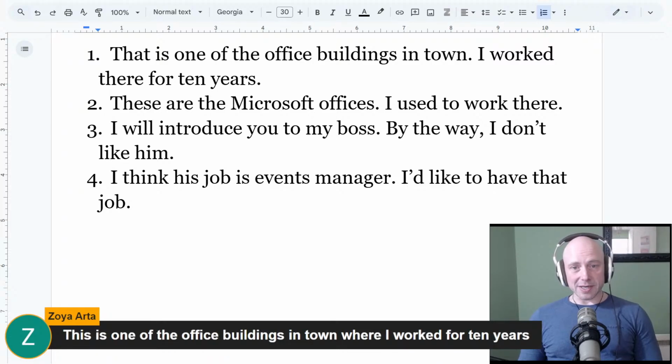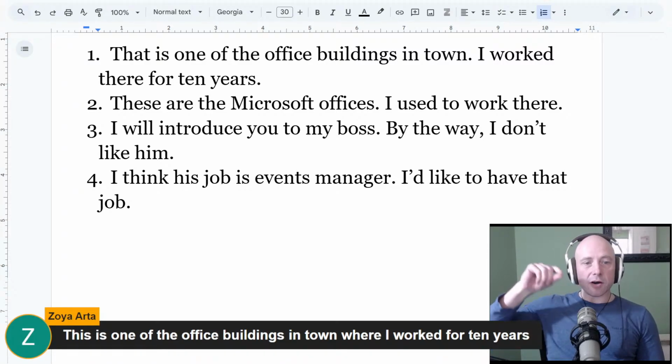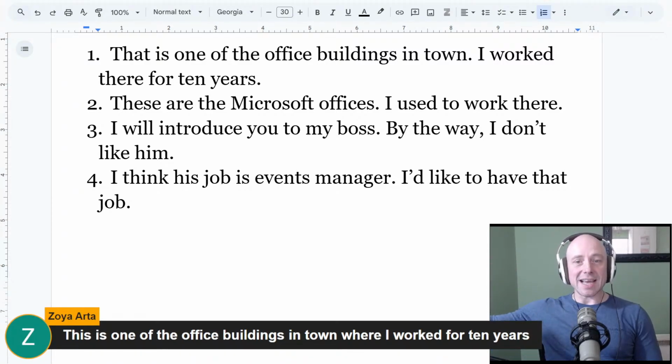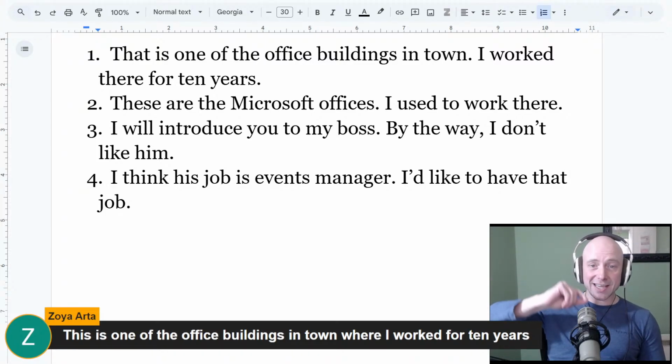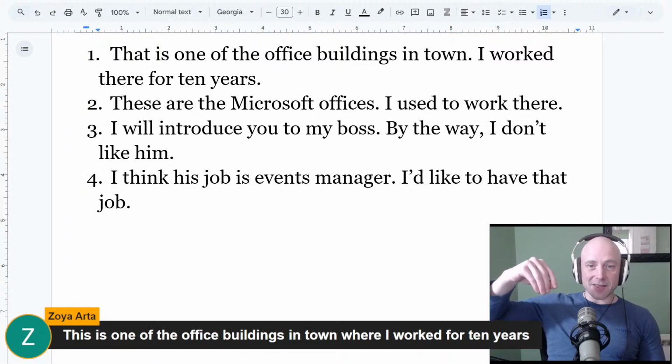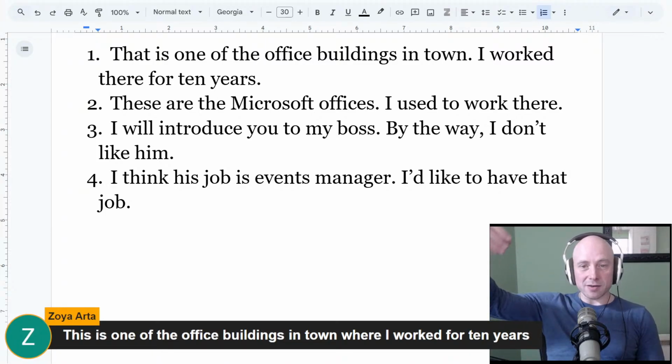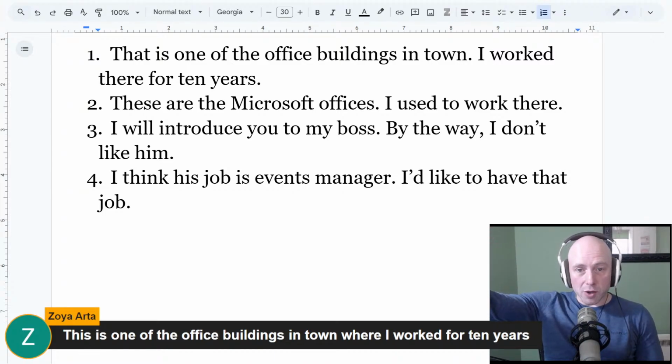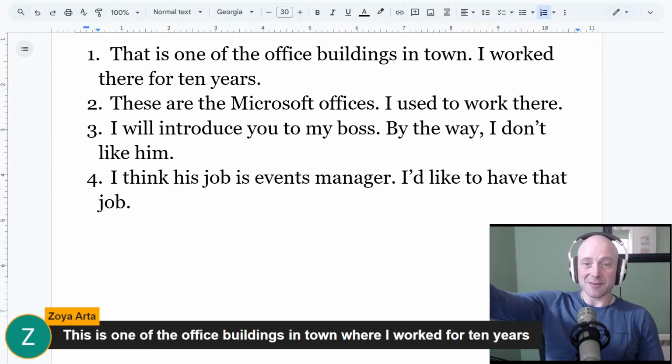So in your situation, you have slightly different information, meaning that there is more than one office building where you worked for 10 years in town.